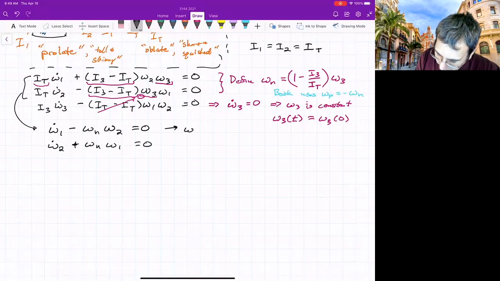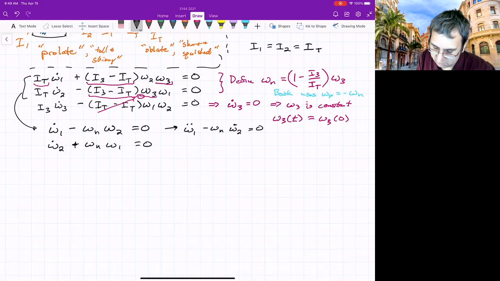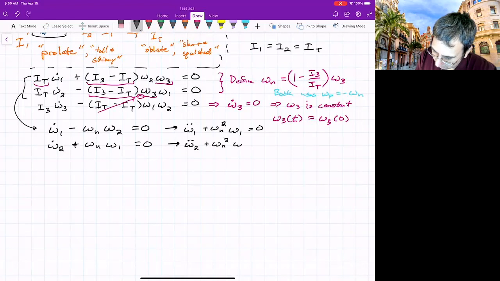So this gives me omega 1 double dot minus omega n omega 2 dot equals 0. Oh, wait, I have omega 2 dot down here. If I rewrite that, this gives me plus omega 1 times omega n squared. The same thing happens down here: if I take a second derivative, omega 2 double dot plus omega n squared omega 2.